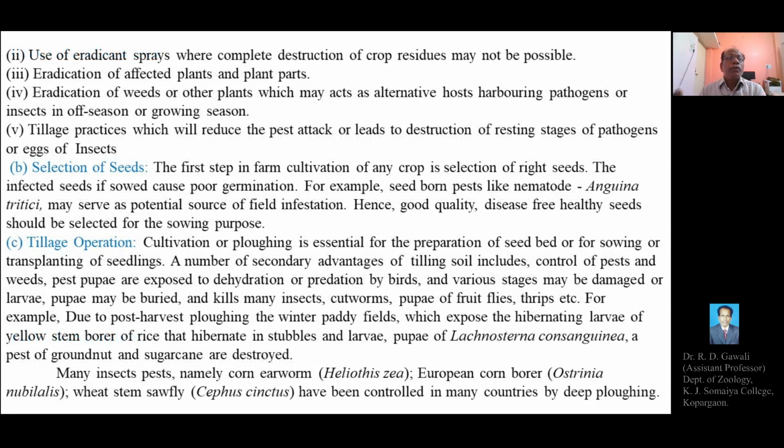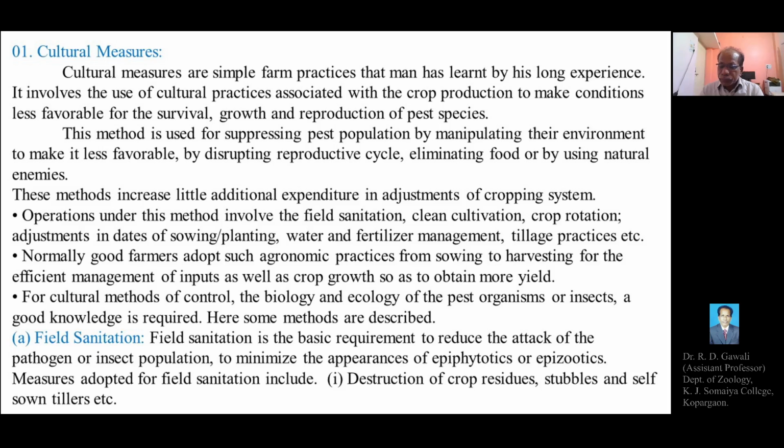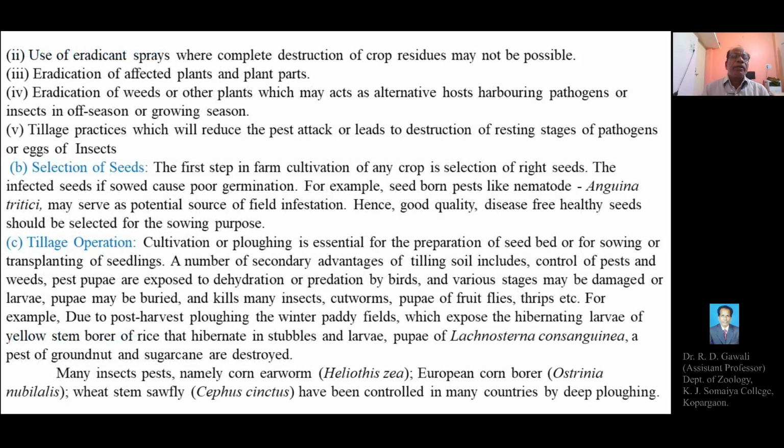Then use of eradicant sprays, where complete destruction of the crop residues may not be possible. So we can use some sprays or chemical sprays which will help in eradication or elimination of the waste material or the weeds, maybe the residues or the remains of the previous crop after harvesting.